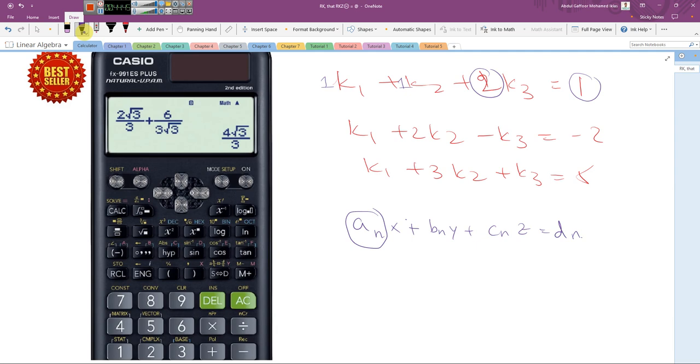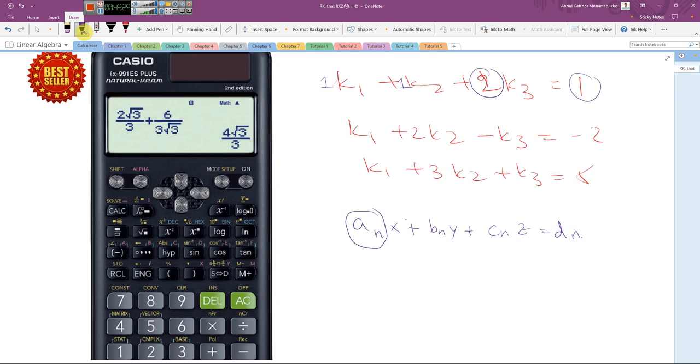The coefficient of k1 in the first equation is 1, so type 1 and then the equal symbol, then 1 again, then the equal symbol, then it asks for the value under the C column, which is 2, so press 2 and then equal, then D is 1. Now the cursor will go to the second row, which means we have to enter the coefficients of the variables in the second equation.